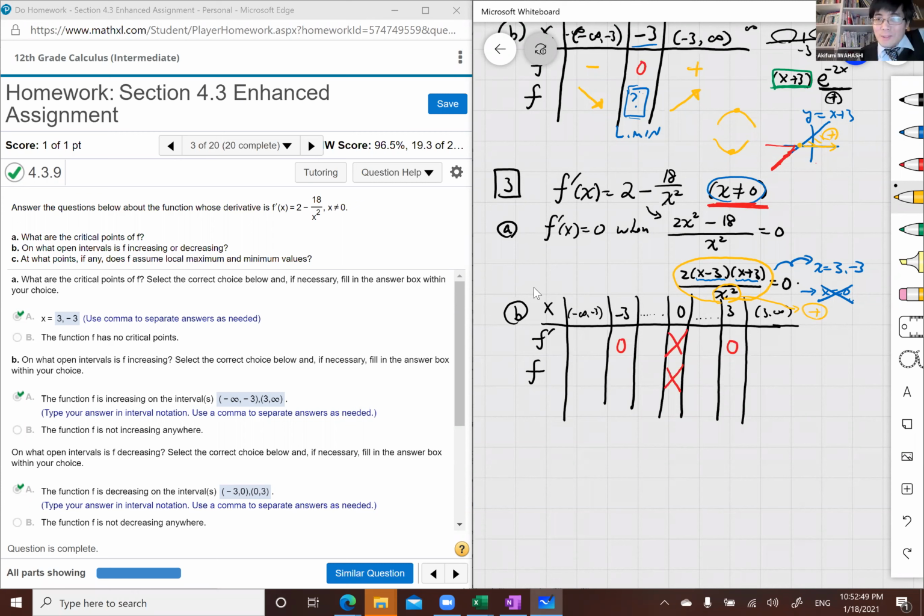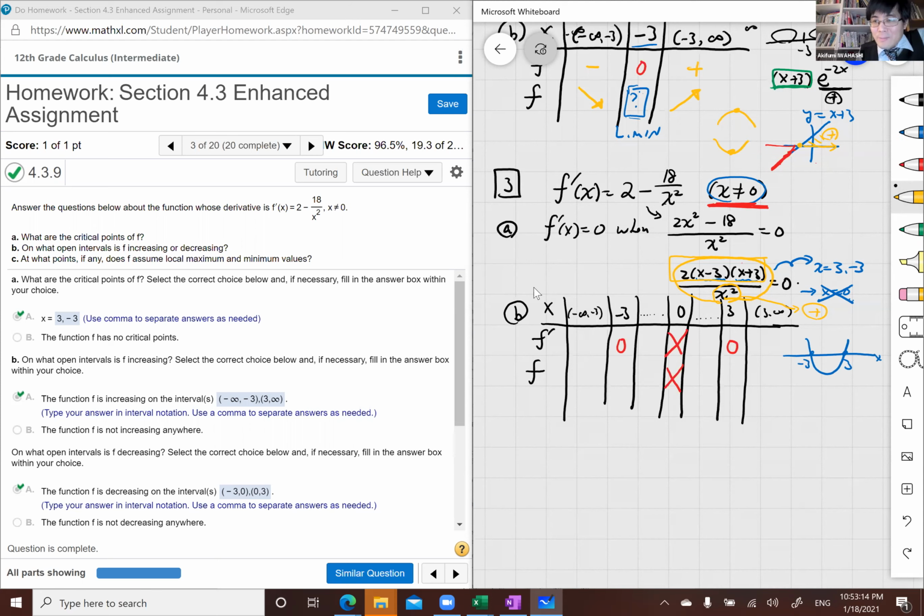So whether f dash is positive or negative depends on the numerator. And the numerator is just simply a quadratic function with 3 and negative 3 as x-intercepts.